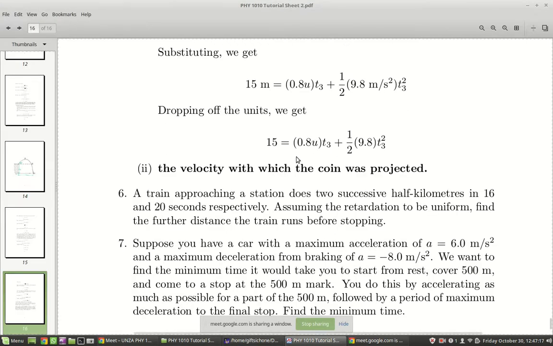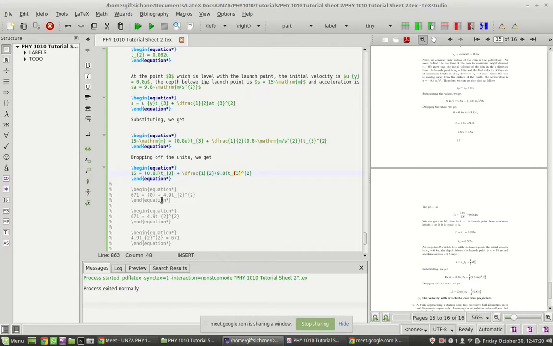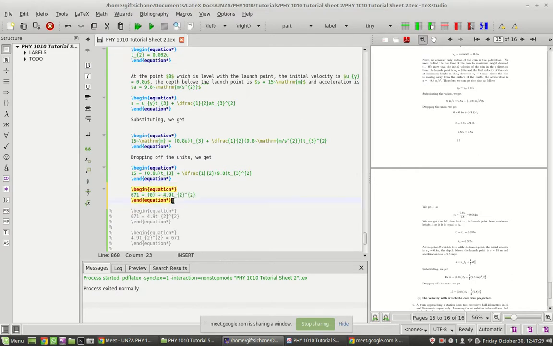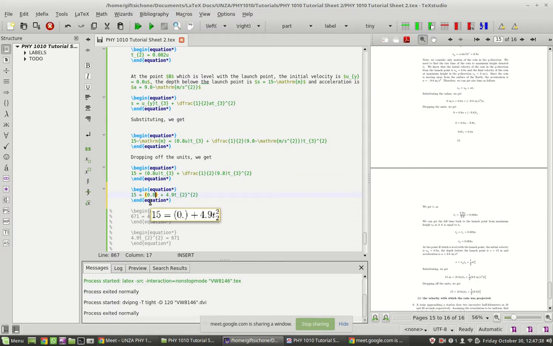Yes, then of course that gives us 15 and 0.8u T3.